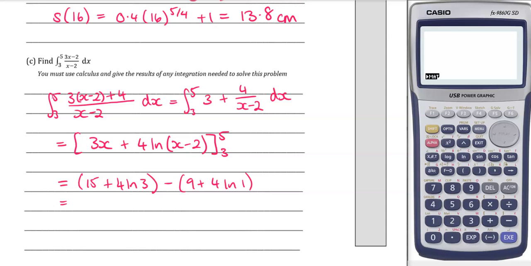Now the natural log of 1 over here is equal to 0, so we will end up with 15 minus 9, so that'll be 6 plus 4 ln 3. You can leave it like that, but if you were to change that into a decimal, it would be 10.39.